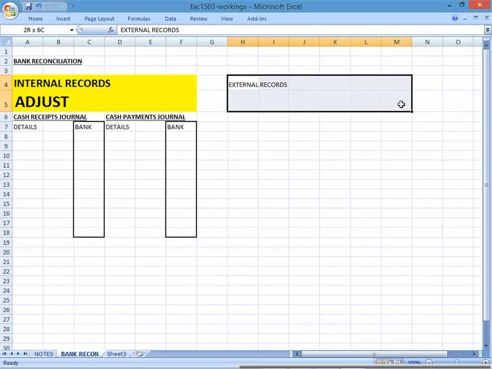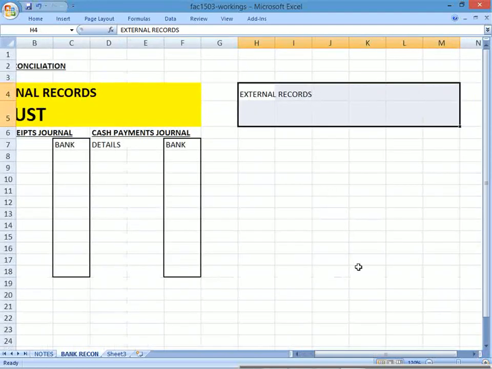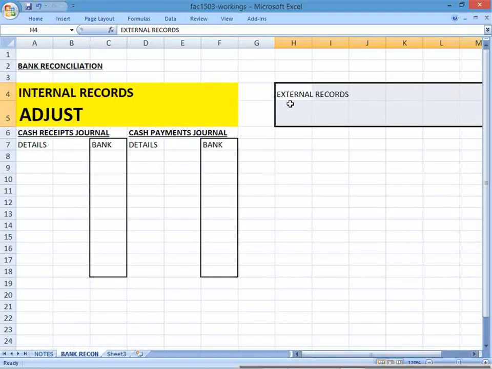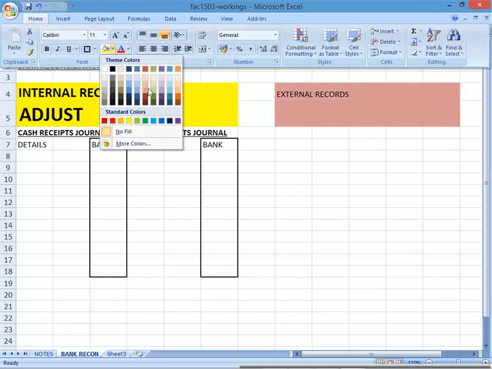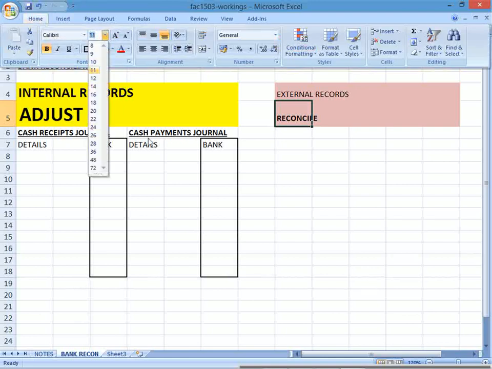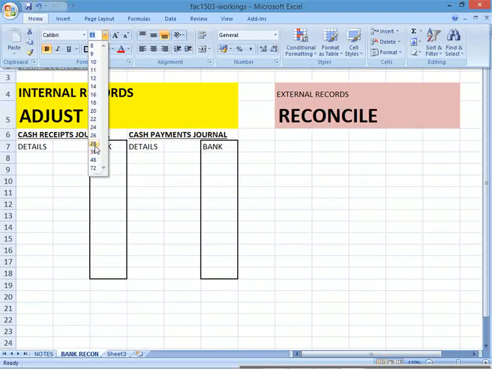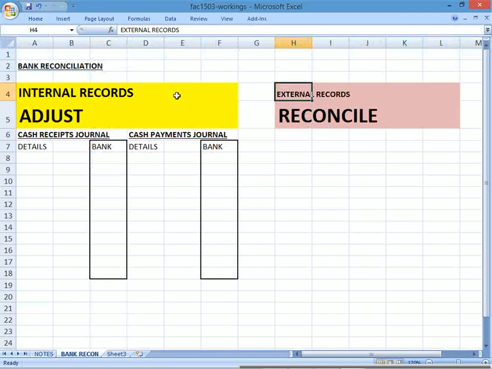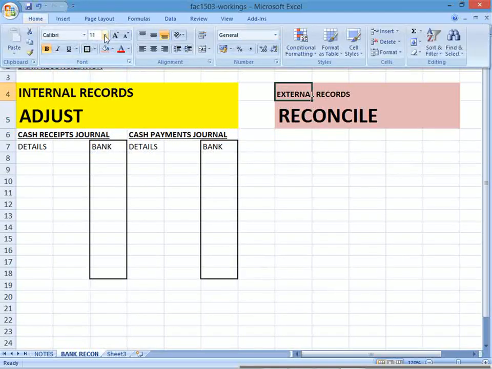External records cannot be changed. So you reconcile. Okay, you don't do both, you do one or the other.